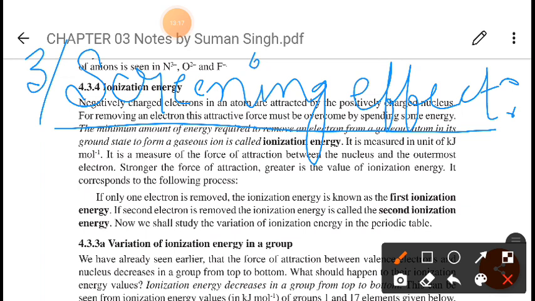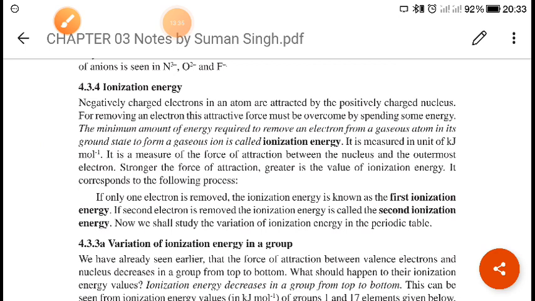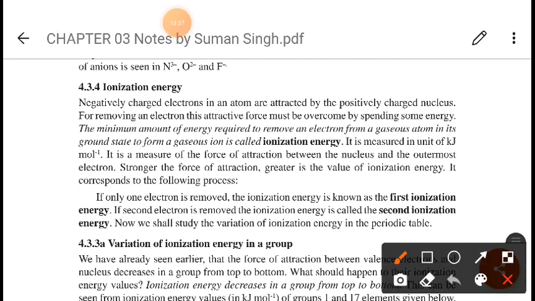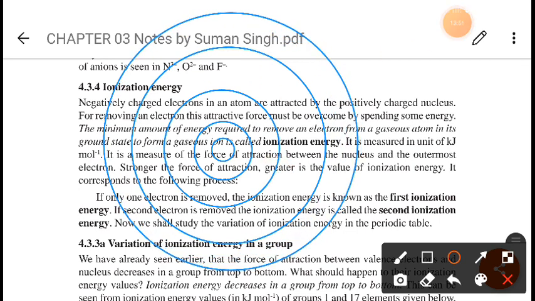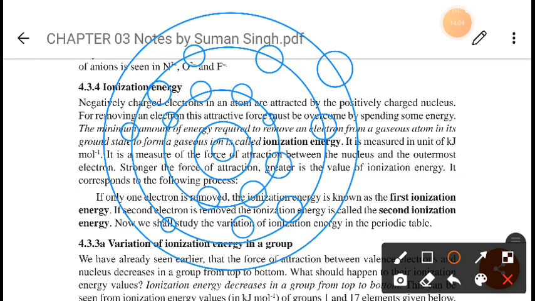Let me draw here so that you can understand very clearly. Suppose this is an atom, okay. In this atom, suppose here is one electron, and here are 1 2 3 4 5 6 7 8, here also 1 2 3 4 5 6 7 8, and here 1 2, like this.